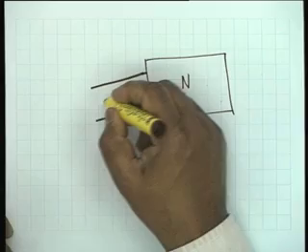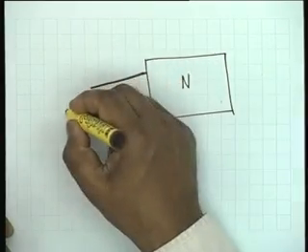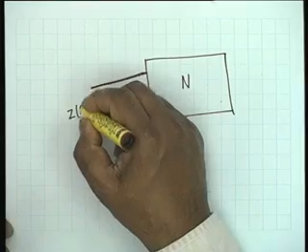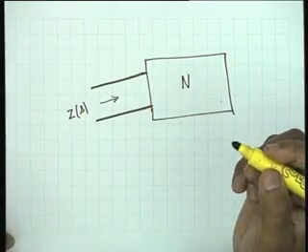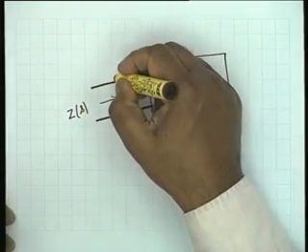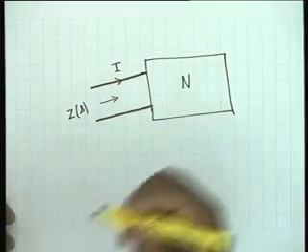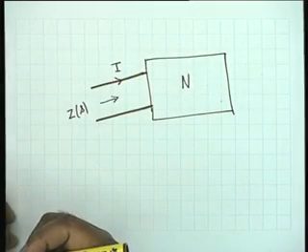Very interesting proof. What we do is, let the input impedance be z of s. Okay? Let the input impedance be z of s, and let the current going in be capital I. Agreed?